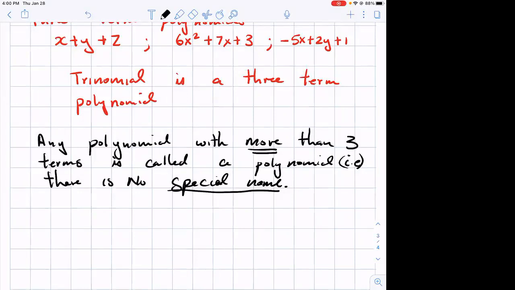Rectangle, 4 sides, or square, 4 sides. So if it has 4 terms, we just call it a polynomial. If it has 5 terms, we just call it a polynomial, okay? If it has 1 term, it is still a polynomial, but the unique name for it is a monomial. If it has two terms, it is still a polynomial, but the unique name is called a binomial.